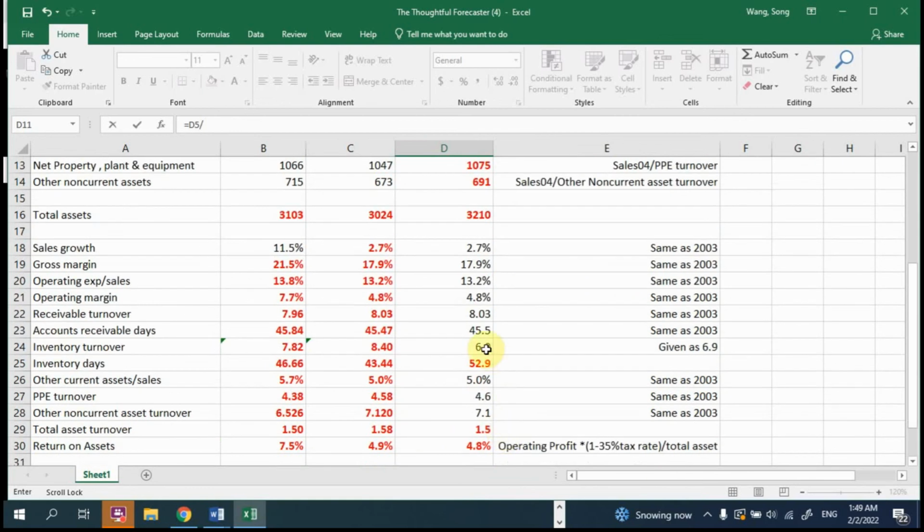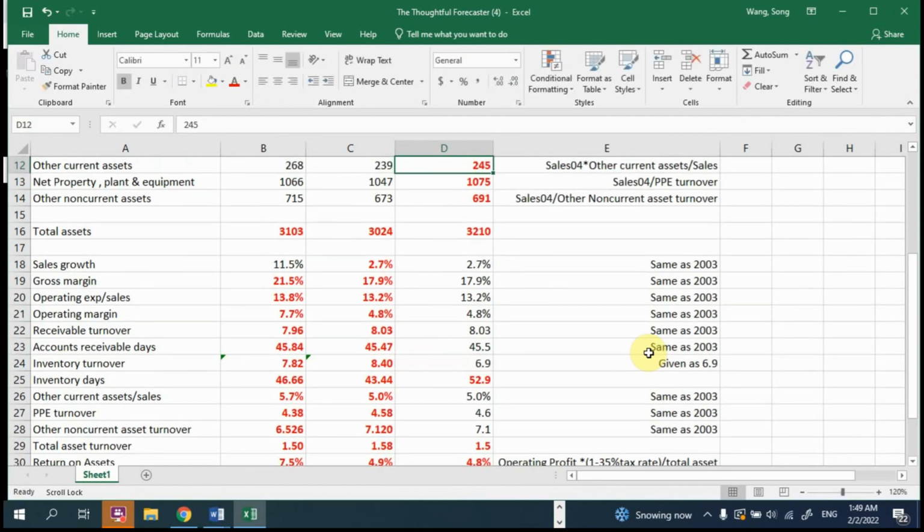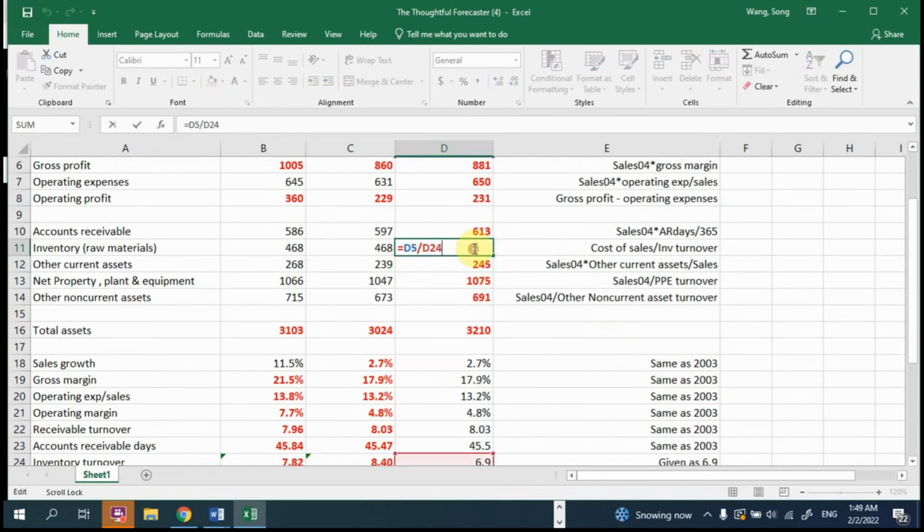I think that is out of reason, or is very arbitrary, so we just follow the textbook to make things all the same. Click this 6.9. Again, this is not a calculated number. It's directly provided by the textbook. Then I hit enter. So this is my inventory in the pro forma year.